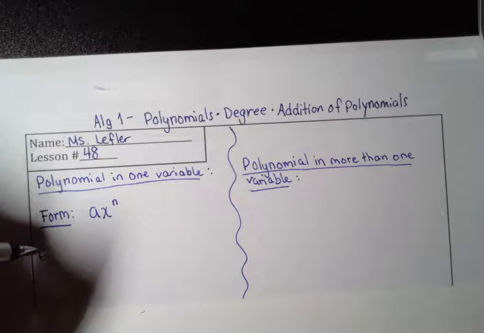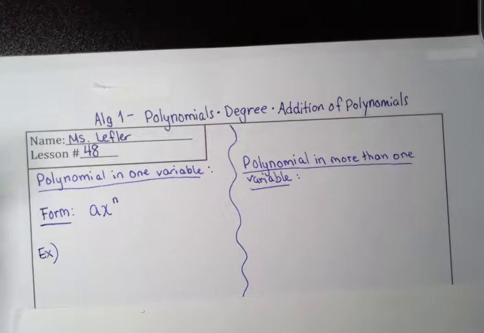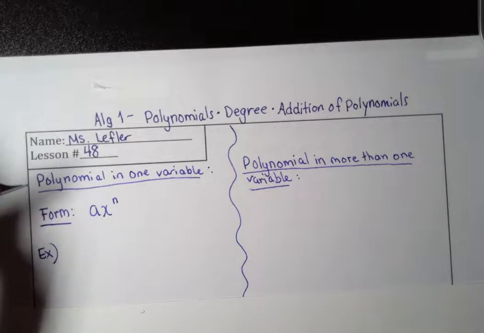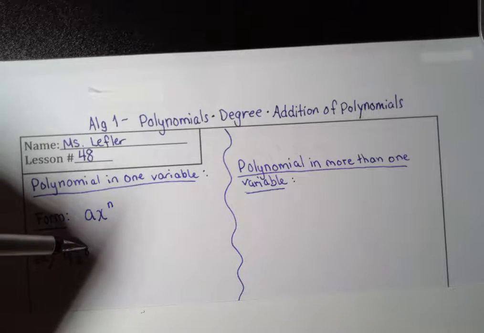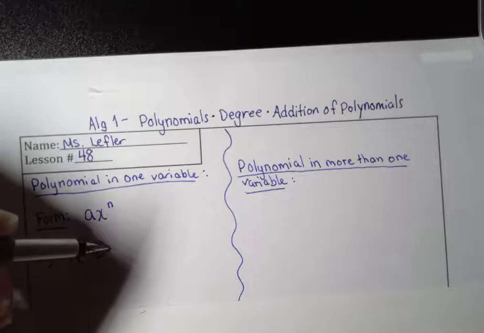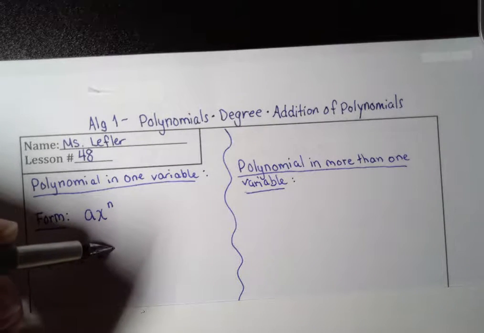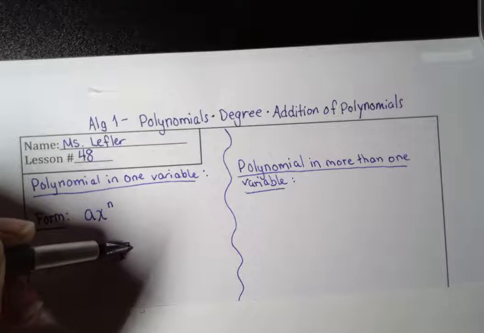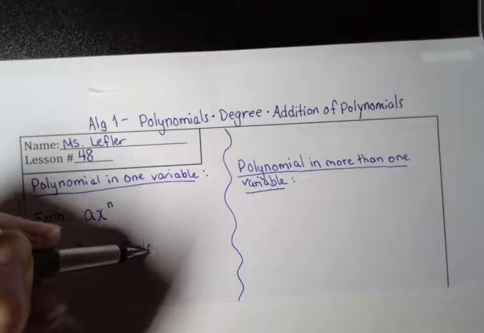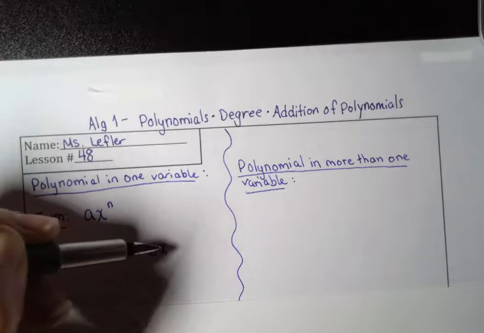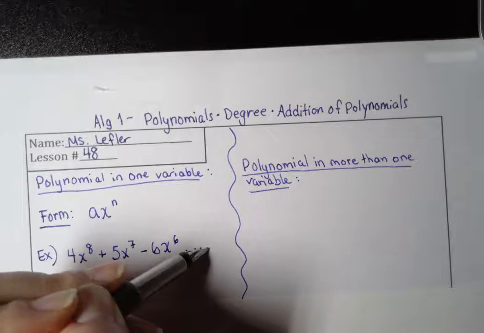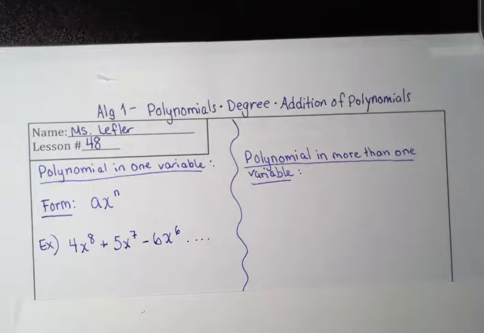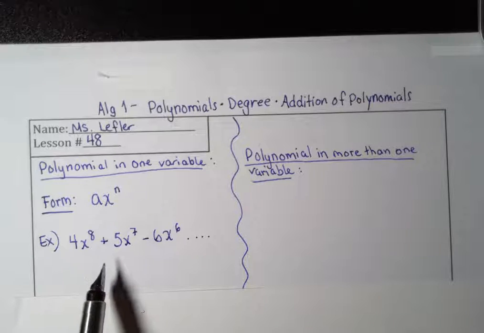So, for example, a polynomial in one variable could be something like 4x to the 8th plus 5x to the 7th minus 6x to the 6th, and so on. So we have a polynomial in one variable.